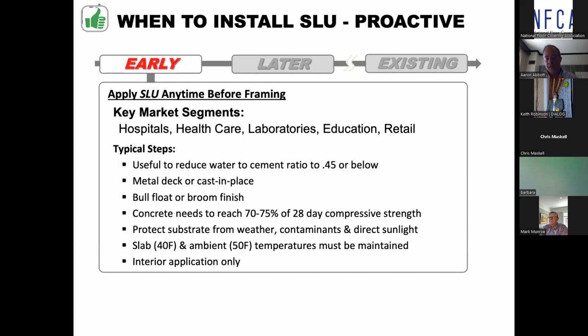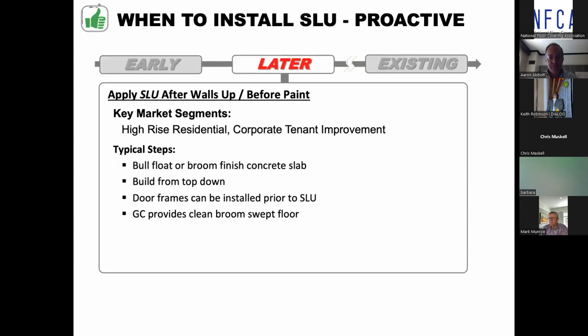But in these cases, when it's cast, bull floating or broom finishing, allow that concrete to reach maybe 70 to 75% of its compressive strength. Again, these numbers depend on a whole bunch of different factors; these are maybe typical for these types of projects. We try to protect that substrate from weather as much as possible, and at the point where we can get the slab up to installation temperatures for the self-leveling, we proceed.